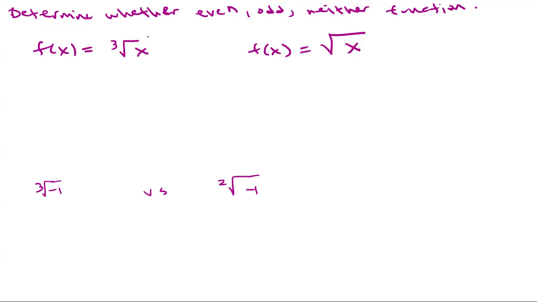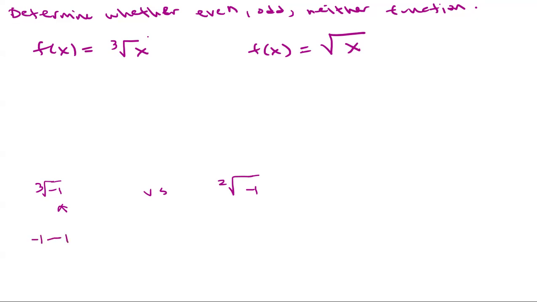So if I look on the inside here, negative 1, and my root is 3, so that means I want to match this root with the power inside. So what I mean by this is that I want to multiply this number negative 1 3 times so that it spits out a negative 1.